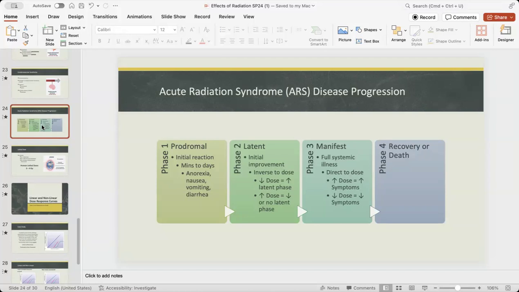You may go from the prodromal to the manifest period. The next period is phase 3. This is where you have a full systemic illness. And then phase 4 is either the body is going to be able to recover and repair, or you'll end up dying from the exposure.